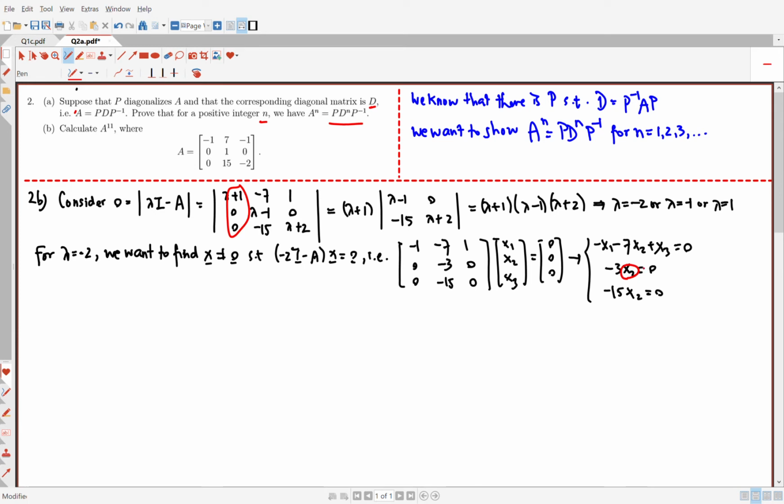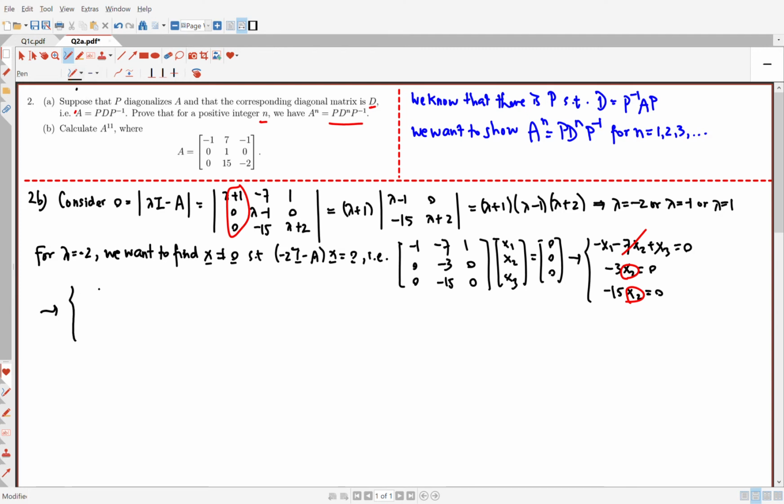From here, we see that x2 must be 0, which is consistent with this, right? So I must have x2 equal to 0, and if x2 is equal to 0, then x1 is just x3. But I can let one of them be a free parameter.